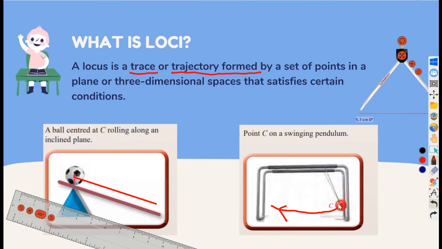So the trajectory formed is a curve, and a curve here we call a locus. Remember, the line here is the locus, and this one is also a locus. Remember, a locus is a trace or trajectory.